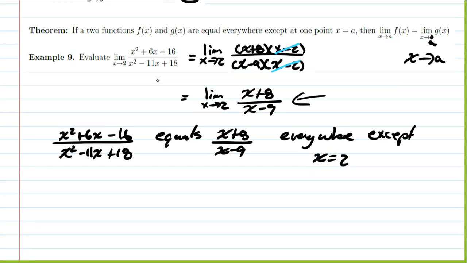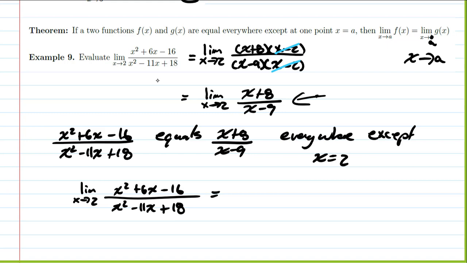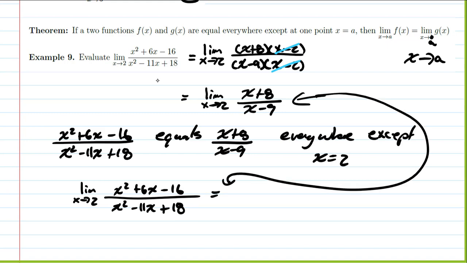No. So then that gives me that the limit as x approaches 2 of x squared plus 6x minus 16 all over x squared minus 11x plus 18 would be equal to, using this, 2 plus 8 all over 2 minus 9. So that gives me 10 over negative 7, or negative 10 sevenths. And that would be my limit.